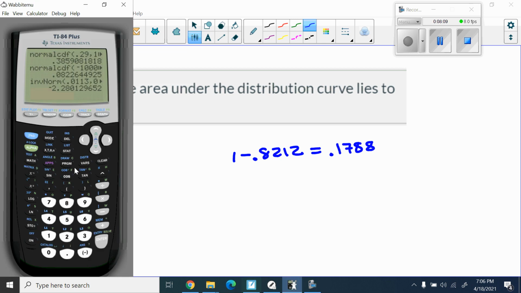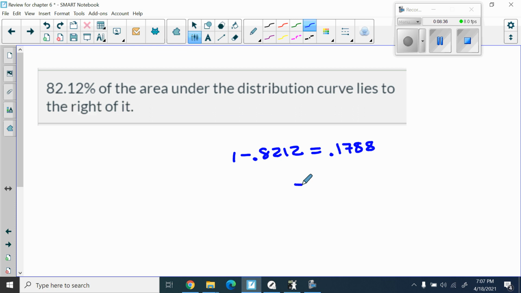So second vars, inverse norm, the area to the left of this value is 0.1788. All right, and so I plug this in, and I get a z-score of negative 0.92.